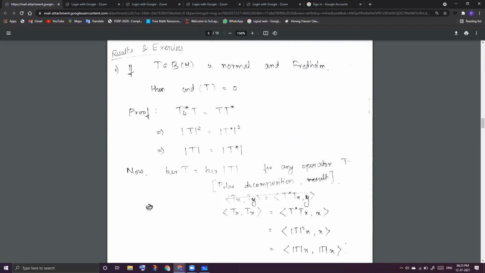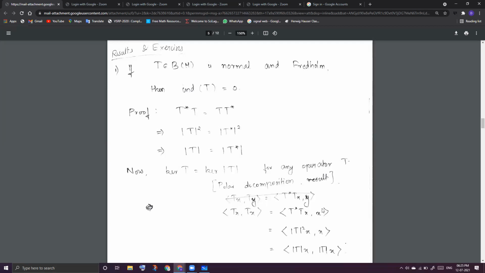So this will mean that mod of T squared is equal to mod of T star squared. So mod T is equal to mod T star, because the square root is unique. Now we know that the kernel of T is equal to the kernel of mod T for any operator T, from the polar decomposition.